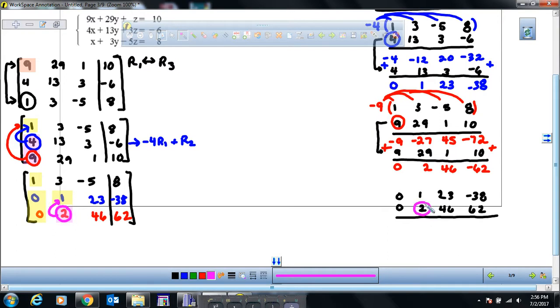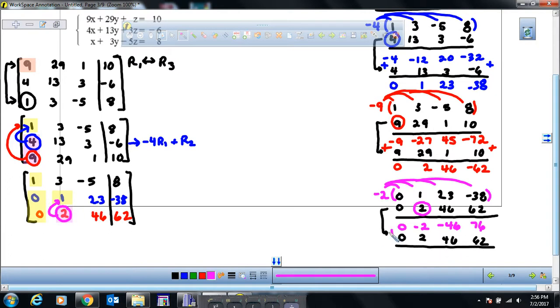So to make that a 0, first we need to multiply the 1 by the opposite of 2, which is negative 2. So negative 2 times 0 is 0, negative 2 times 1 is negative 2, negative 2 times 23 is negative 46, and negative 2 times negative 38 is 76. Then we need to add them to these values, 0, 2, 46, and 62.